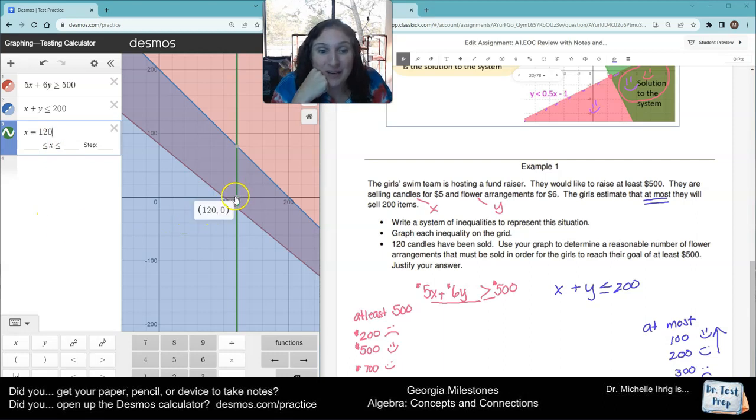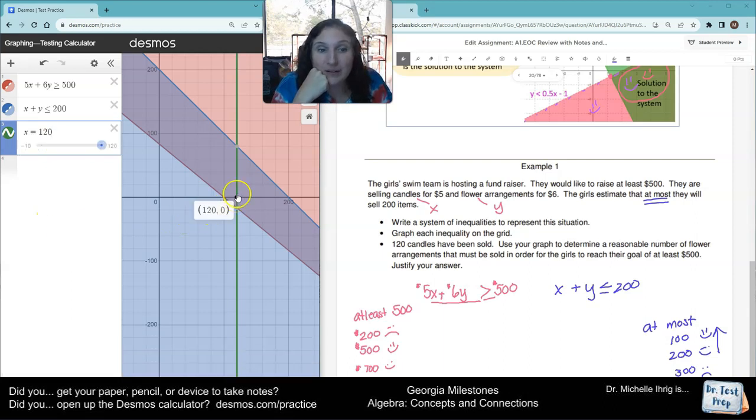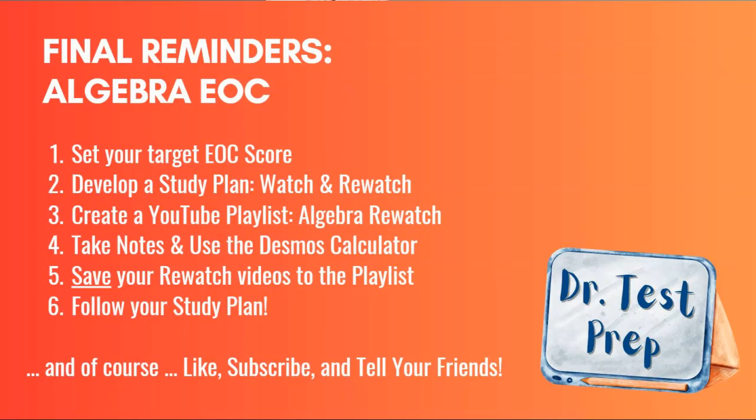Look at, here's my 120. They want to get the 500. So what's a reasonable amount? Well, 80 would be a reasonable amount for them to sell. That would be reasonable. 120 candles, 80 flowers would work. Technically, to get the most money, we want to have the highest. So 80 would be the best choice.